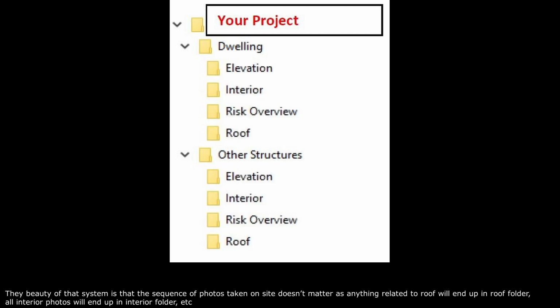The beauty of that system is that the sequence of photos taken on site doesn't matter, as anything related to the roof will end up in the Roof folder, all interior photos will end up in the Interior folder, etc.